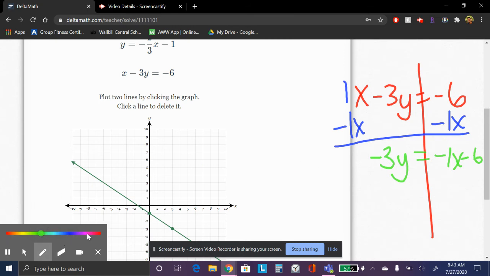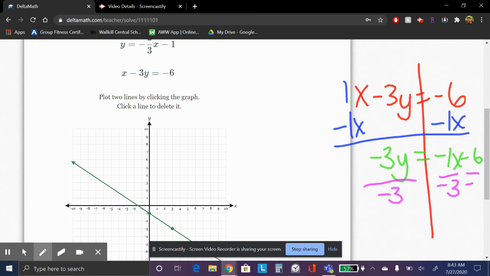Now, I'm going to divide everything by -3. These cancel out. On the right, -3 doesn't go into 1, so I'm just going to leave that as a fraction.